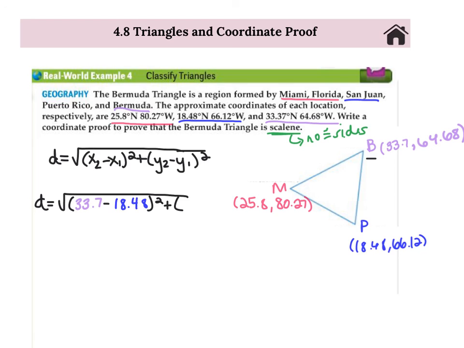And then we're going to use our y2s now, in this case degrees north, so 64, 68 minus, oops, we're getting squished here. Let's scoot this over first, a little bit. There we go. And then we want to subtract Puerto Rico's right there. So we're going to plug this in and determine the distance from Bermuda to Puerto Rico.